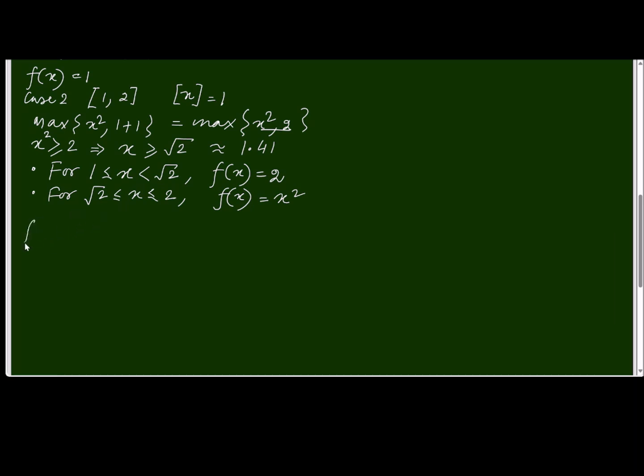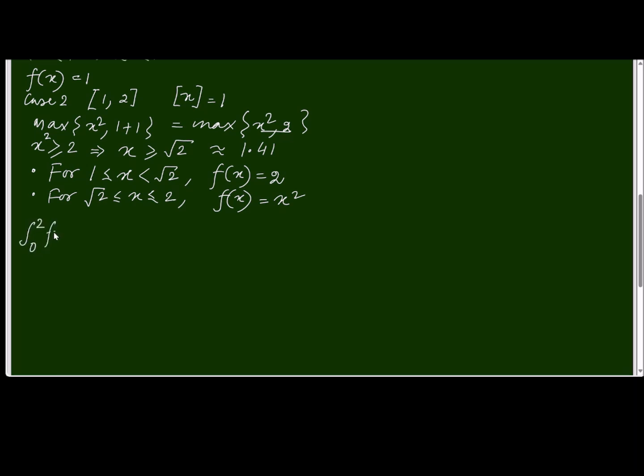Okay. So now we'll break into 3 intervals. So the integral from 0 to 2 of f of x dx is the same as the integral from 0 to 1, where f x takes the value 1, plus 1 to square root 2 of f x, plus square root 2 to 2 of f x dx.